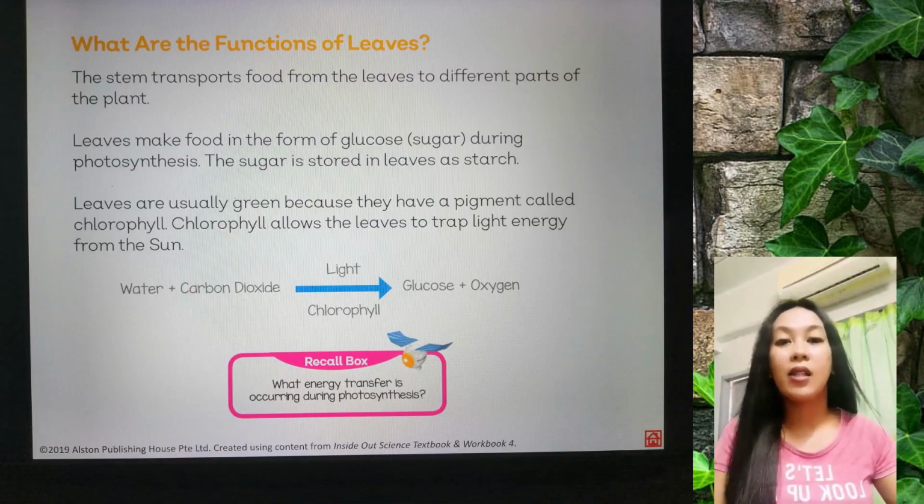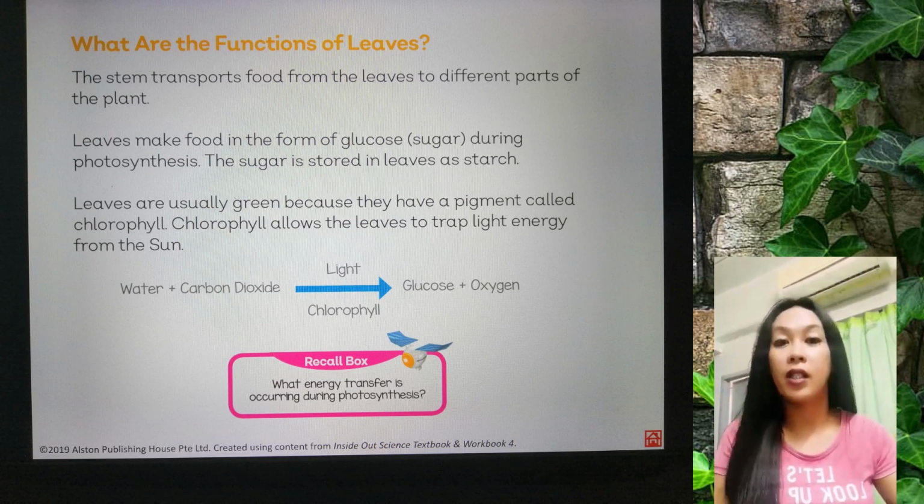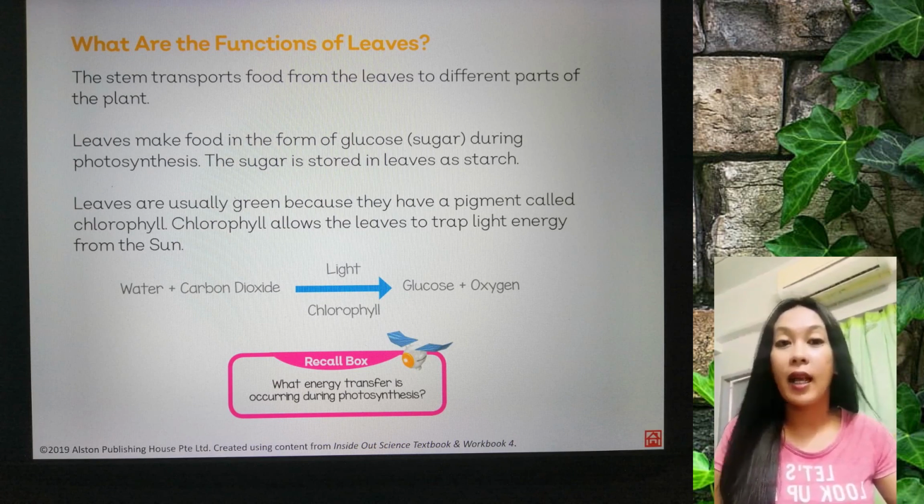Next, let's go to the leaves. So the stem transports food from the leaves to different parts of the plant. So basically, it is the leaf that makes food for the plant in the form of glucose during photosynthesis. So during photosynthesis, the plant actually produces glucose and also oxygen gas.